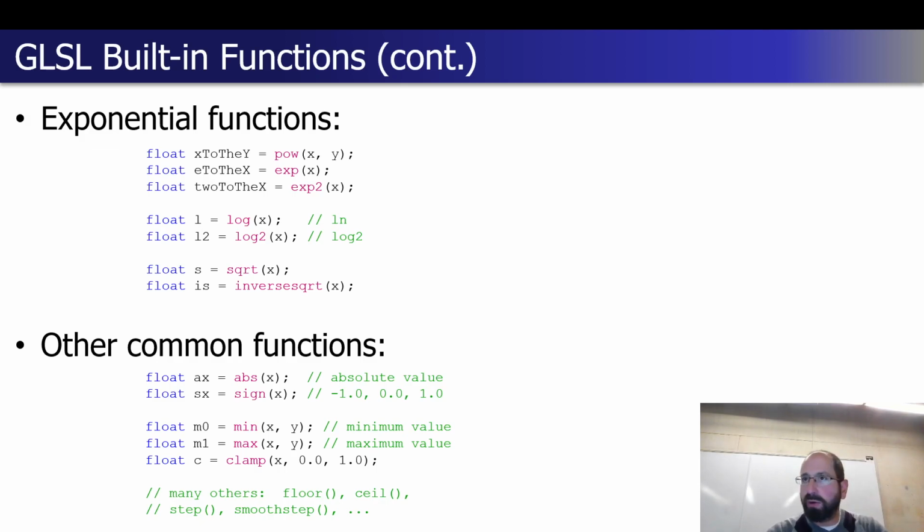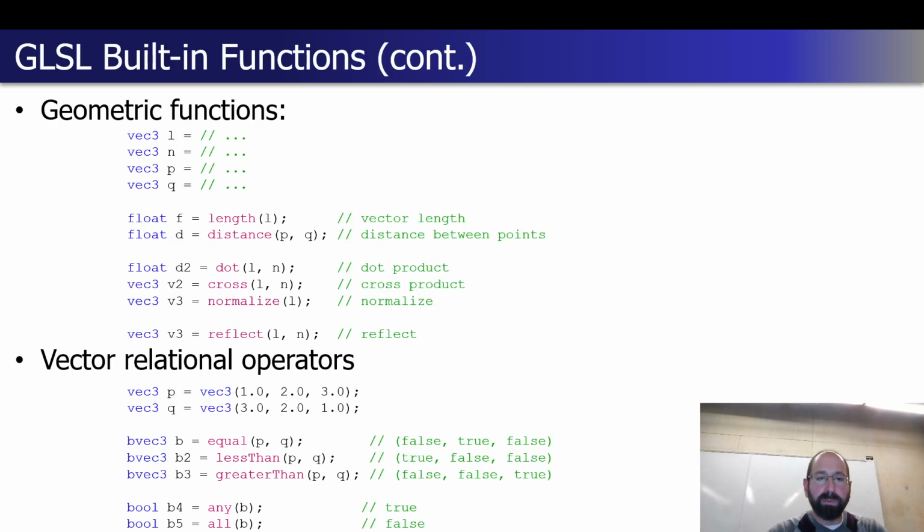So your exponents, your powers, your logs, your sine functions, and things of that nature. There's all sorts of functions that will become a little bit more obviously relevant when we start to talk about lighting calculations. We so often need to know a couple of things about lighting sources in a scene. We need to know potentially how far away it is from a vertex or from a fragment.